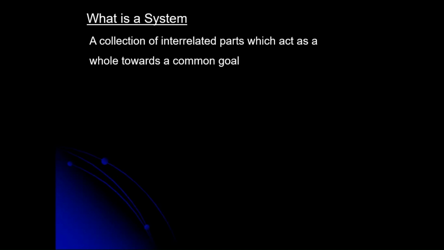If there are a set of components and these components work together to achieve a common objective, we call that a system. So there should be a set of components, not a single component, and these components are interrelated, working together to achieve the objective. Such a situation we call a system.